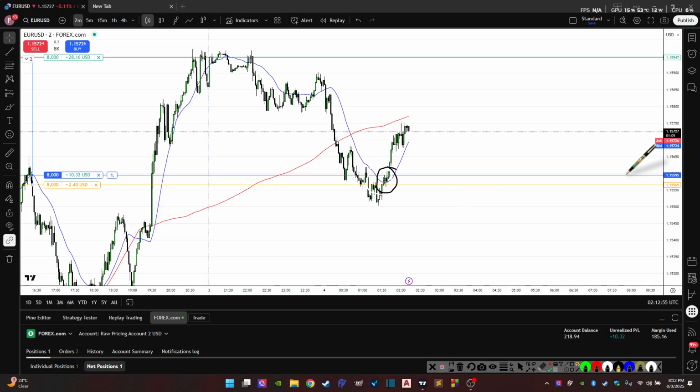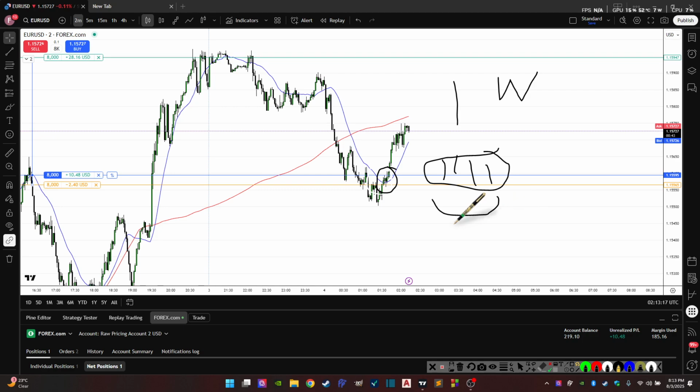We're using a 3 pip stop here. So even if we take a few losses, we can lose 4, 5, 6, 7 times in a row. One trade, one win, and all the other losing streaks don't matter, because we are going to make a profit.